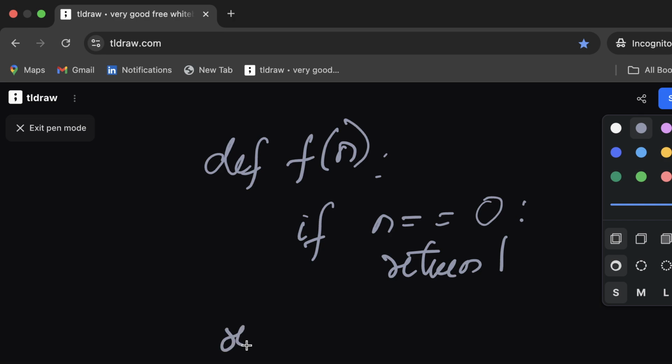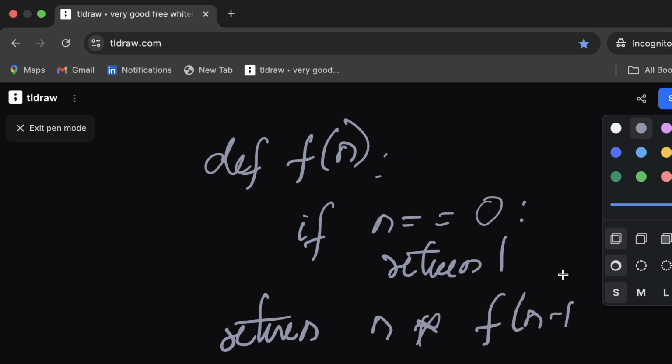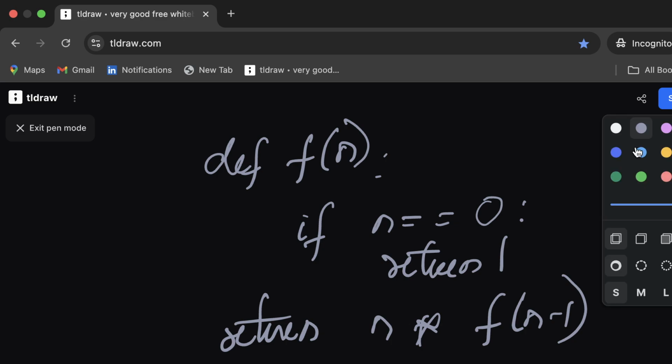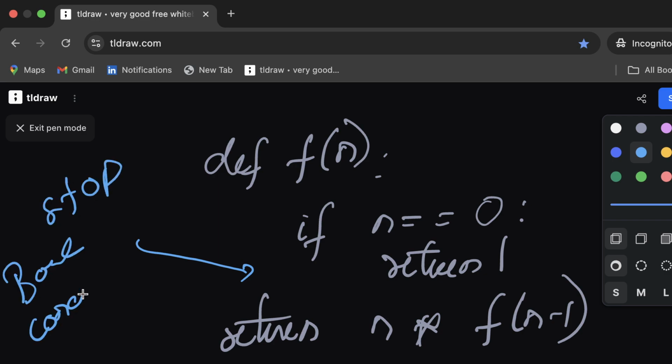And then we are going to return, where I'm going to call this function again. So this is the base condition, where my function is going to stop.